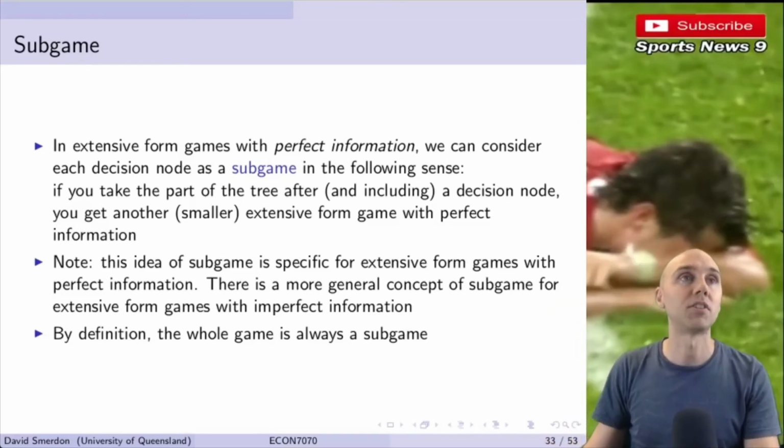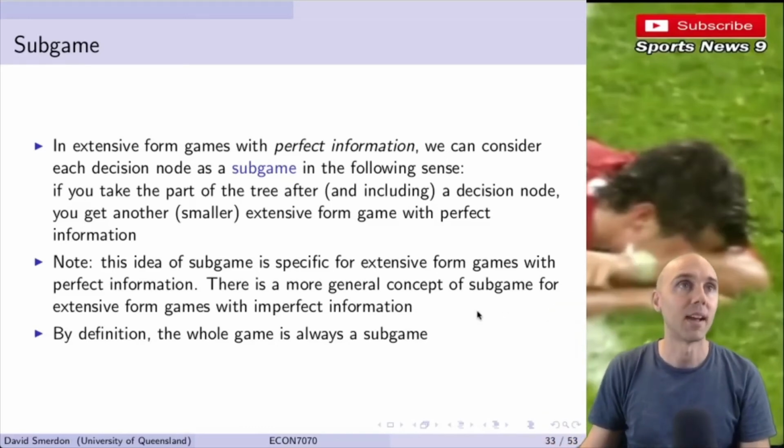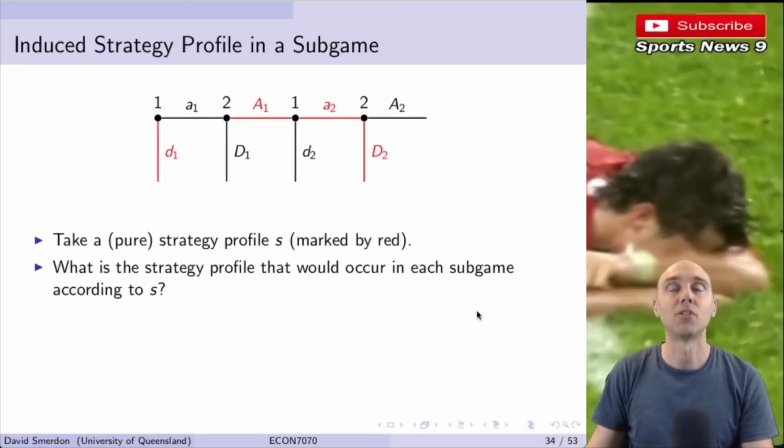Now, by definition, the whole game is always a subgame, but let's try to work out how to do this sort of cutting. So we're going to get a bit of a strange looking tree here.